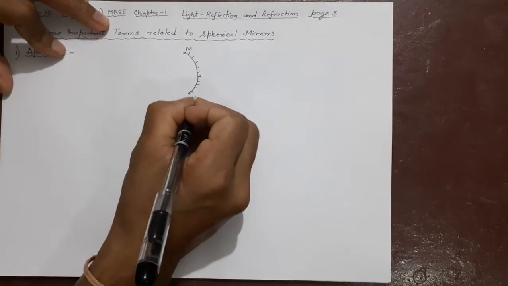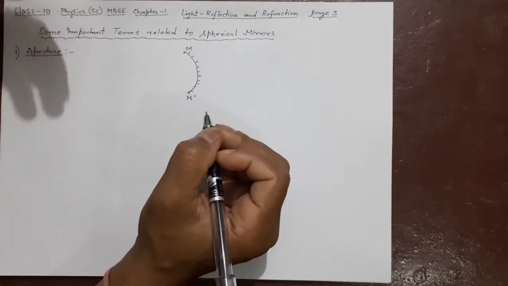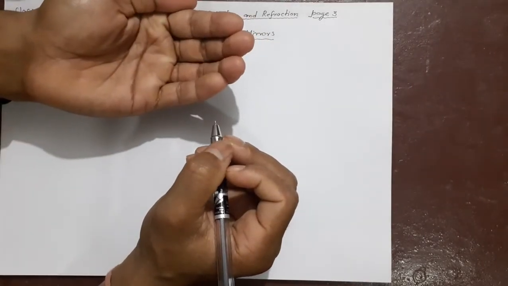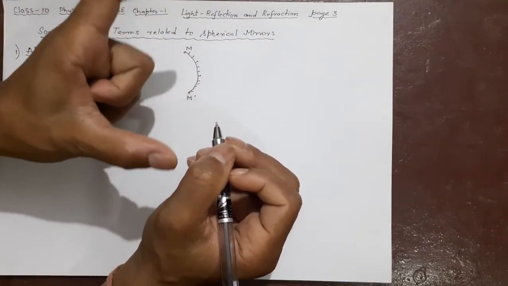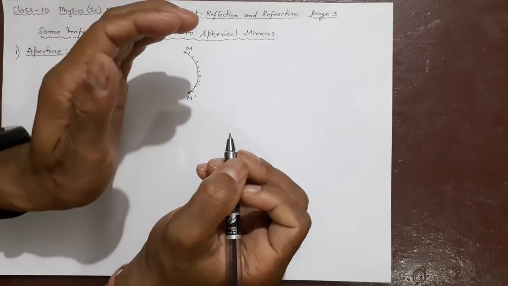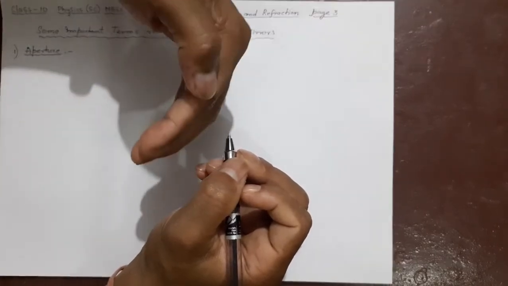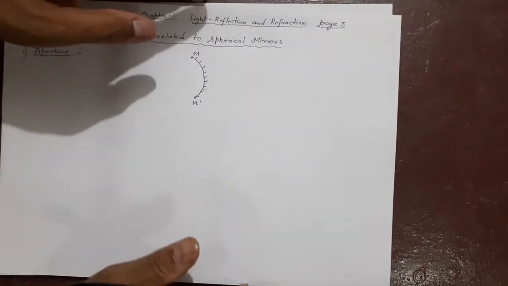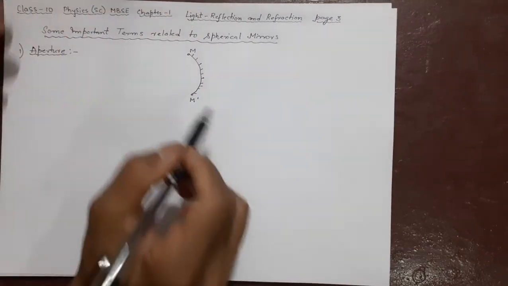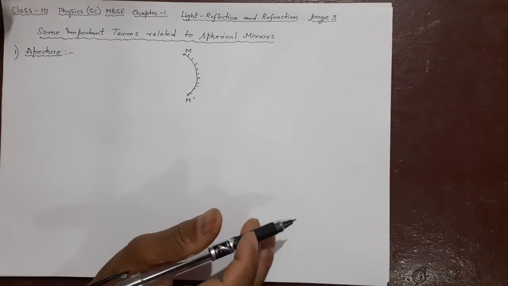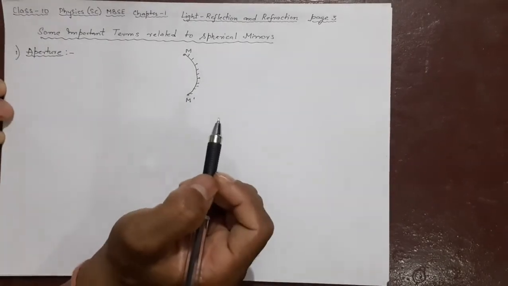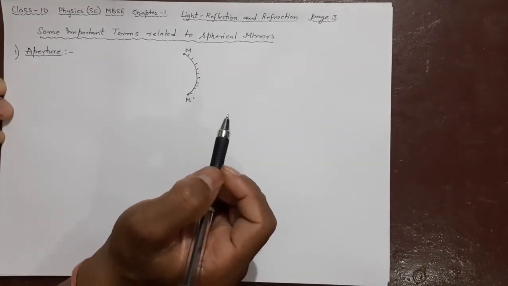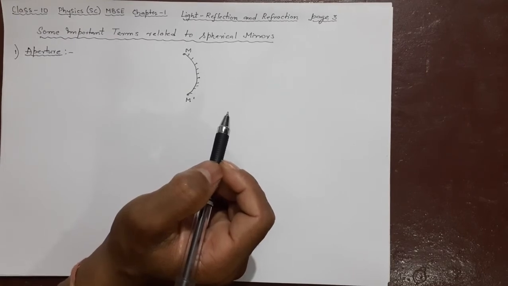Remember, this type of mirror is just like a plate, not a thin wire. This is not like a thin wire, but it is like this plate. So this is the size from where light can come and the portion where it can hit and bounce back, right? This is the aperture.